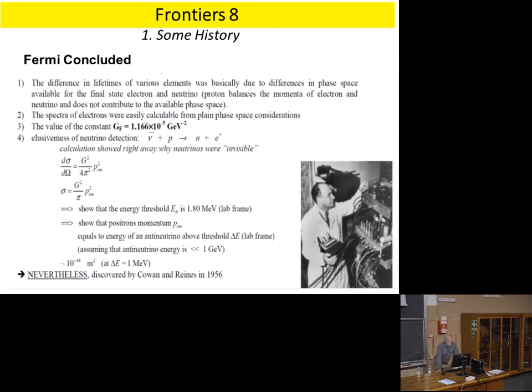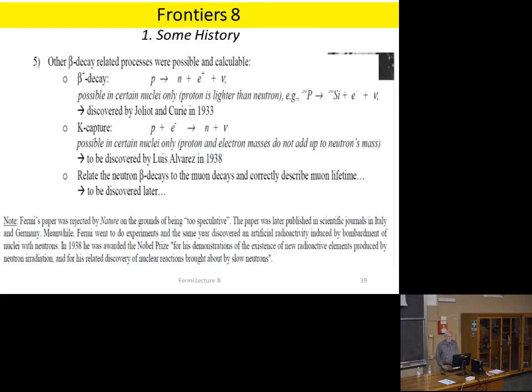It was believed that the cross-section for this was so small, I've written down here, something like 10 to the minus 48 meters squared, by using this same formalism to calculate it. And so the general belief was it would be impossible to detect, but nevertheless it was detected in 1956 by Cowan and Reines. And I'll show you that in just a minute.